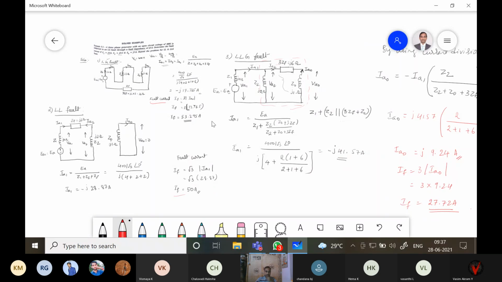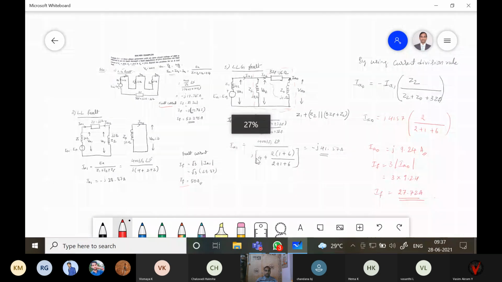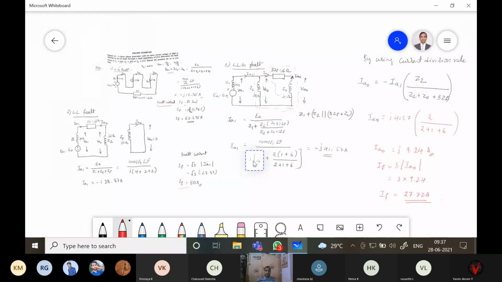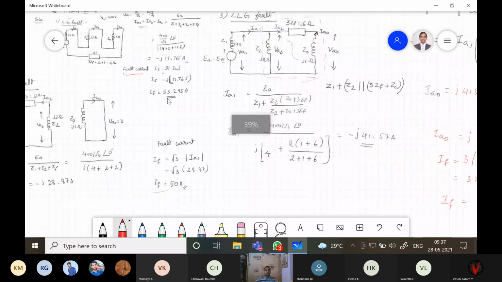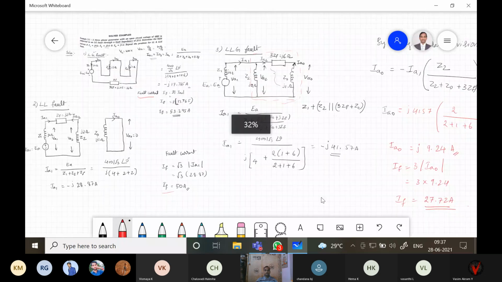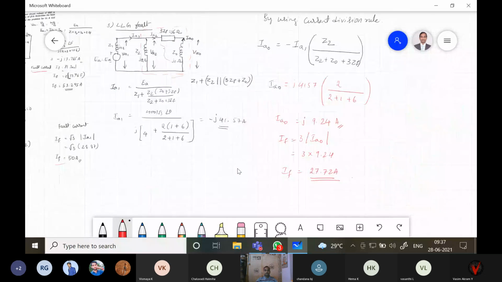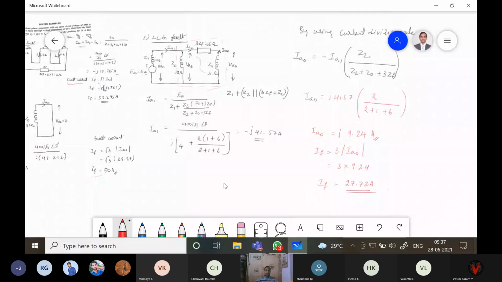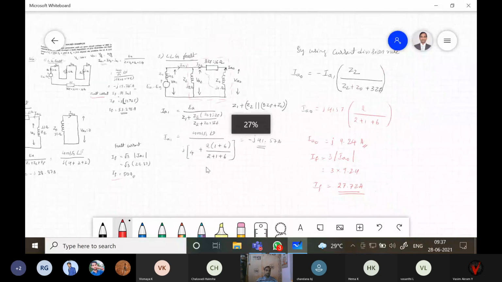In the first case we got 53.29, in the second case we got 50 ampere, and in the third case IF is 27.72 ampere, for the different types of fault. Can I clear the board?